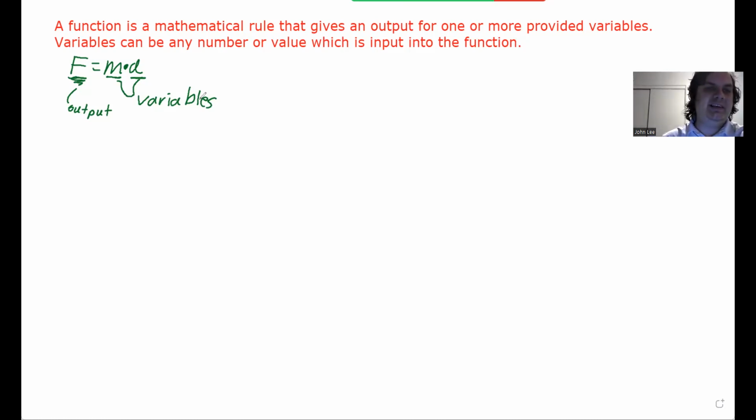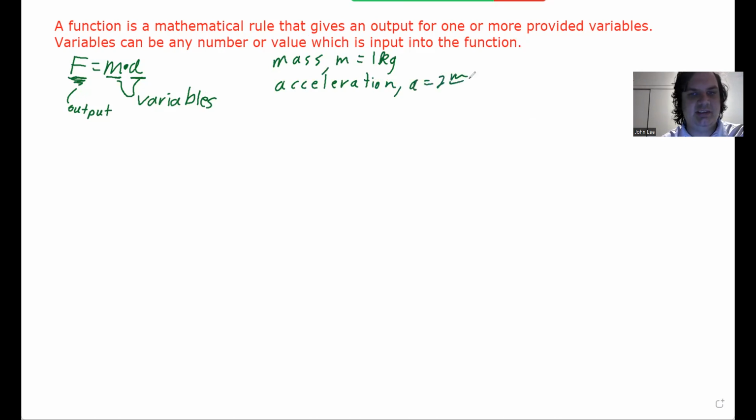So in this case, what we do is if we are given a mass m equals 1 kilogram and an acceleration, which is given by the letter a in this function, a equals 2 meters per second squared, then that is going to allow us to find the force that's needed to move a mass of 1 kilogram with an acceleration of 2 meters per second squared.